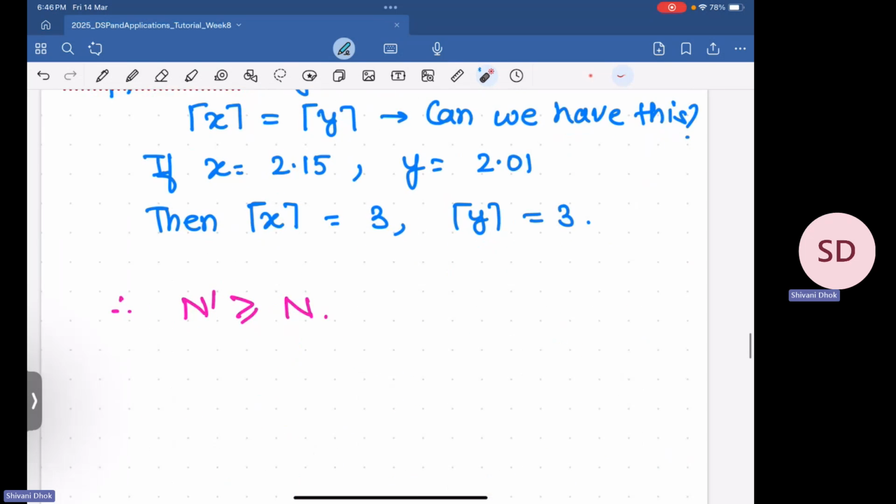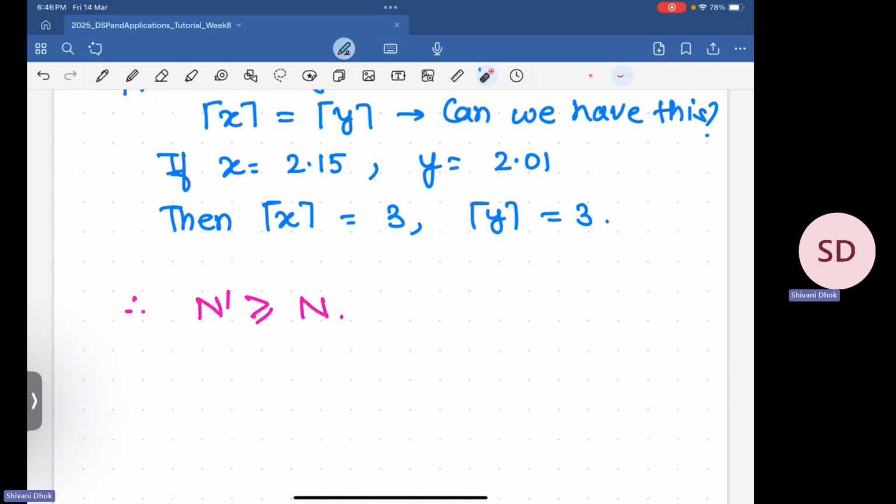Is this clear? Any questions at this point? If you have any questions at this point, then please ask now. After this particular question, we'll be looking at a design question.